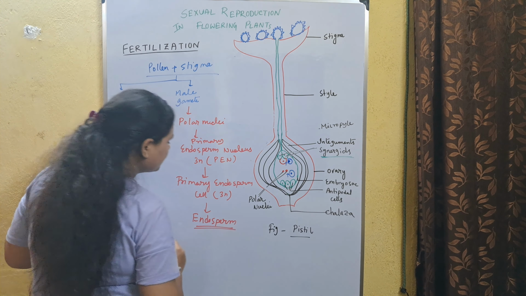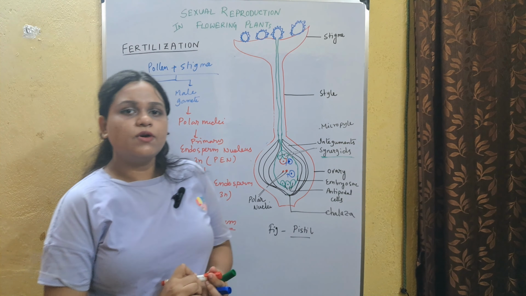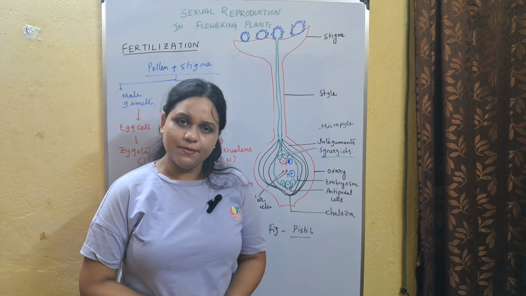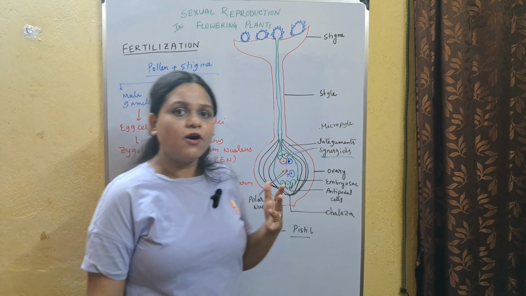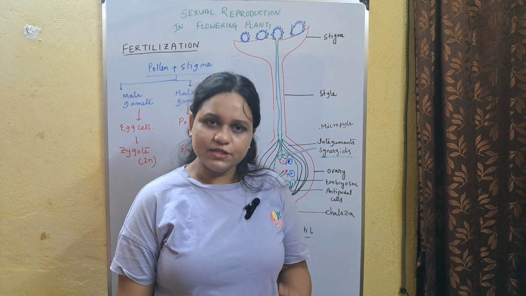This endosperm is the nourishing tissue required for the development of an embryo. This is all about the fertilization process in angiosperms.